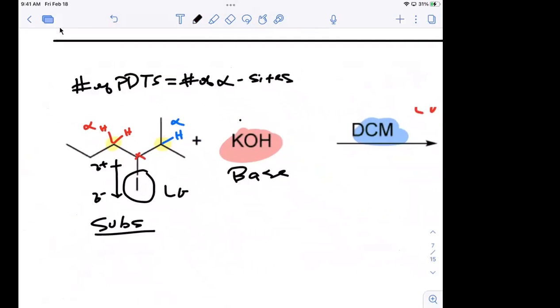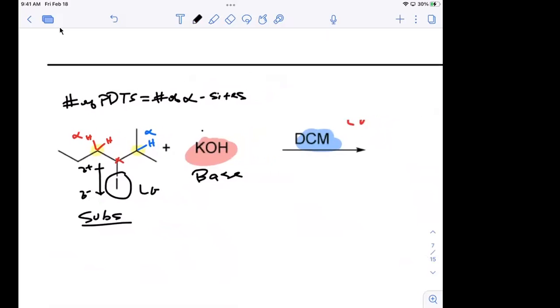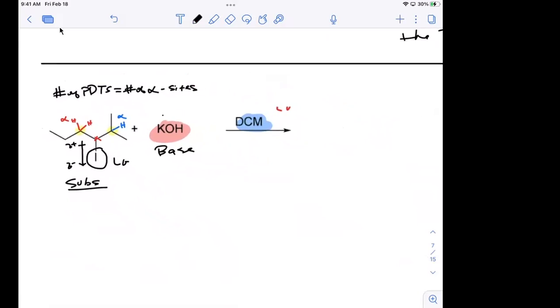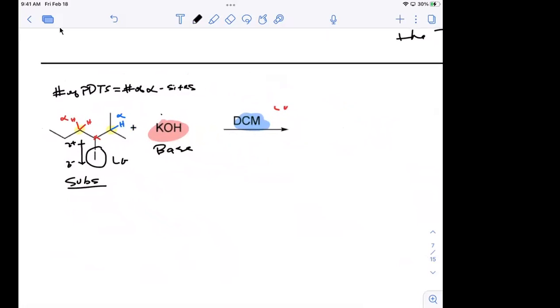That's two places where this thing can do proton transfer. That's two elimination products. Let me first put the products in, and then we're going to discuss how they happen, and which one is going to be major and which one is going to be minor. Because if you've got two sites, then you're going to have competition. And anytime you have competition, you're going to have a product distribution between two products.